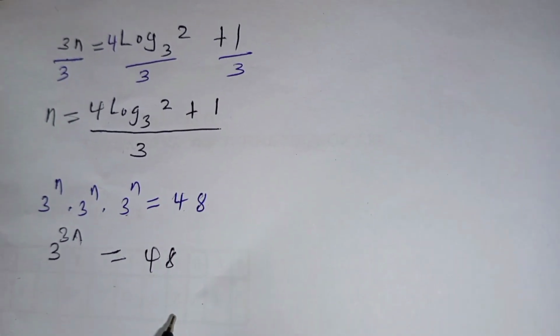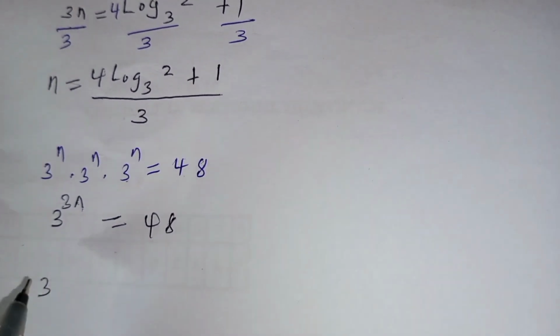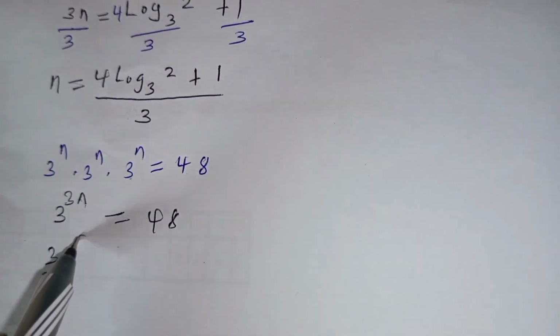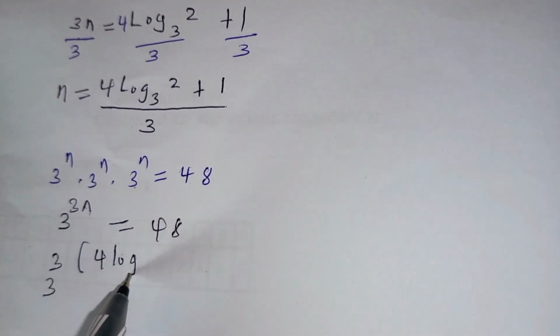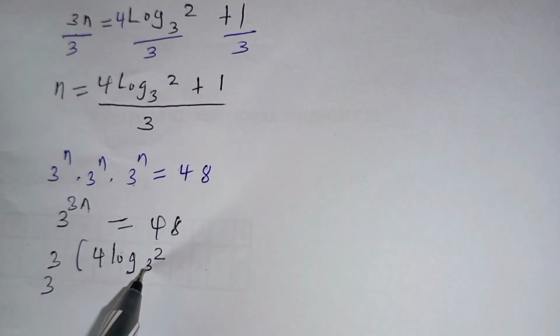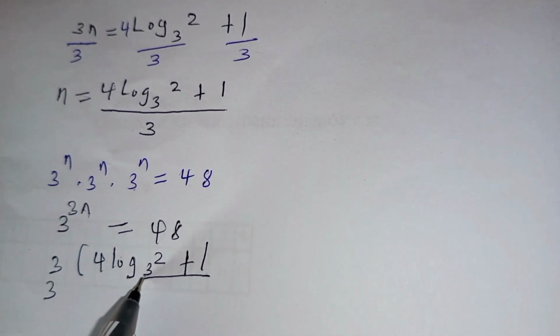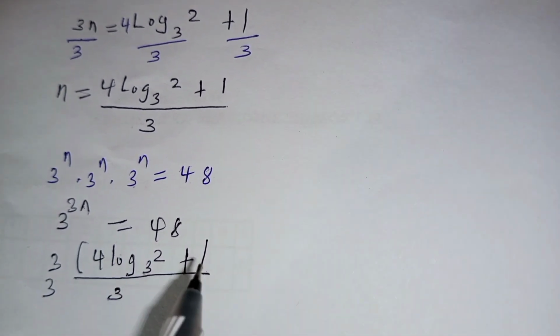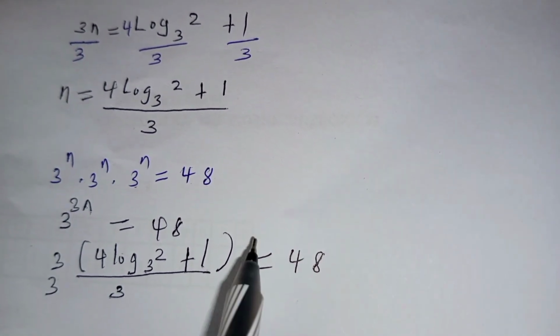So what we want to do now, we write the value of n, which is 3 to the power of 4 log of 2 to base 3 plus 1, everything divided by 3. We want to see whether this one will give us 48.